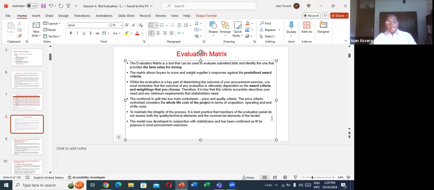So it is best practice that members of the evaluation panel do not assess the quality, technical elements and commercial elements of the tender. The model was developed in conjunction with a statistician and has been confirmed as fit for the purpose in most procurement. So that is a model they have prepared.